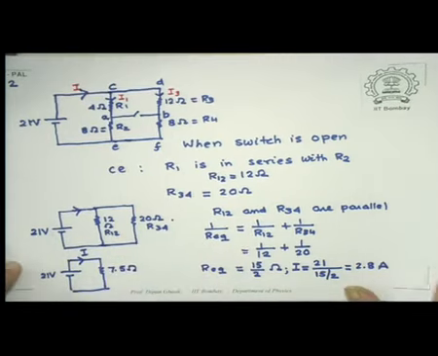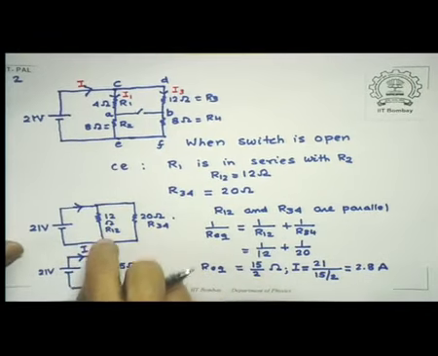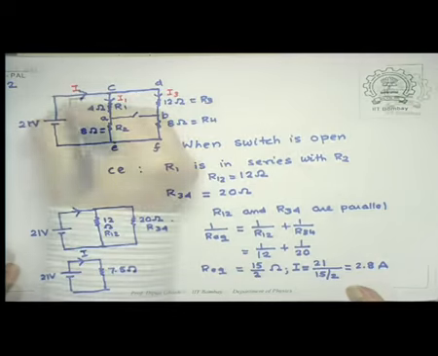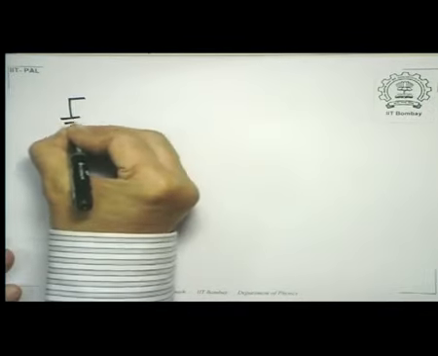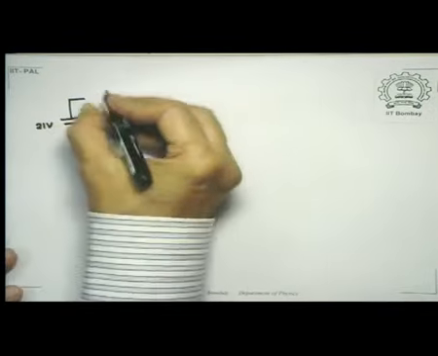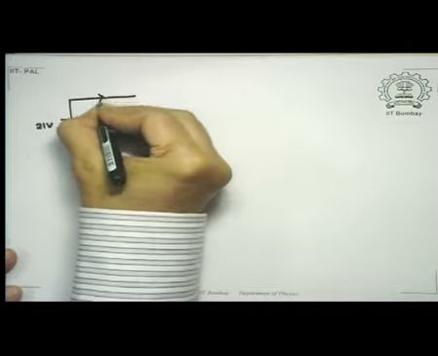So therefore, the current in this section, so this was 21 volts, and we showed that this is 2.8 amperes.